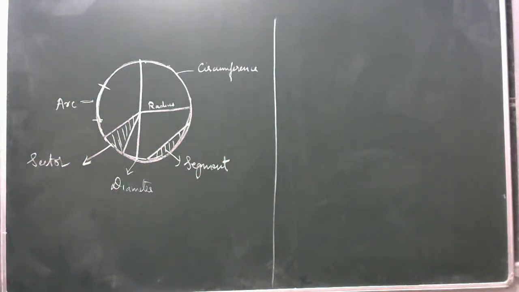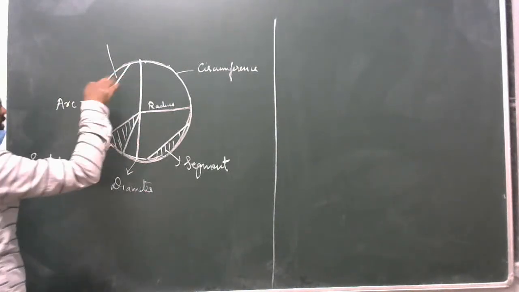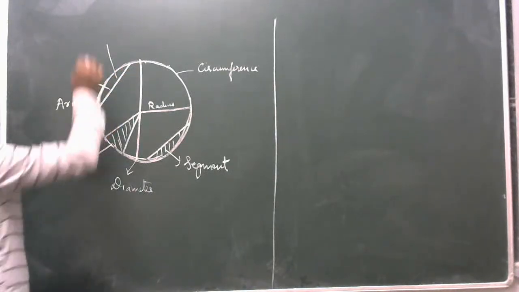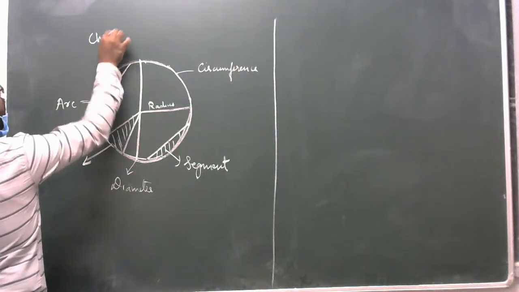Any other parts left out? What do we call this line? Chord. Yes. So this line, if it is not shaded, only that line, will be your chord.